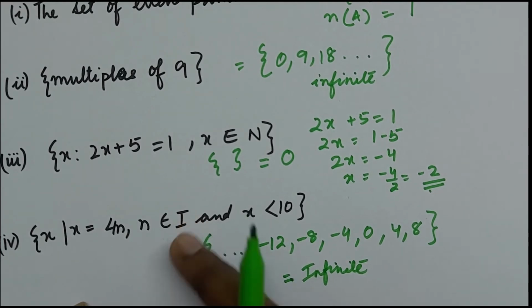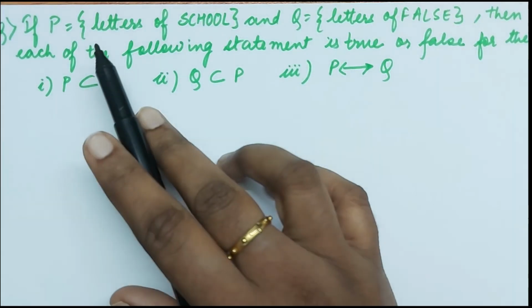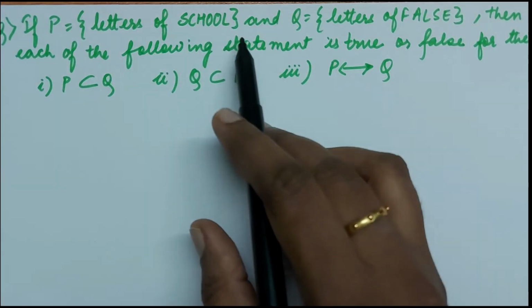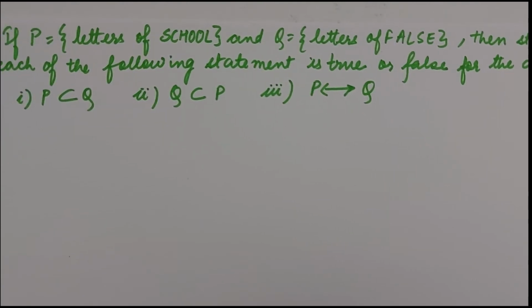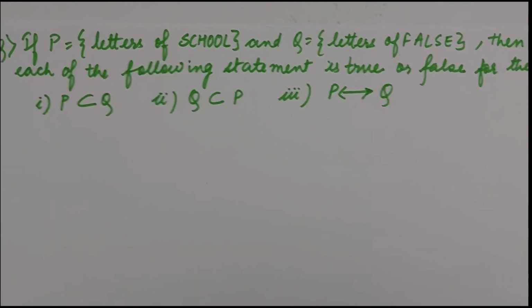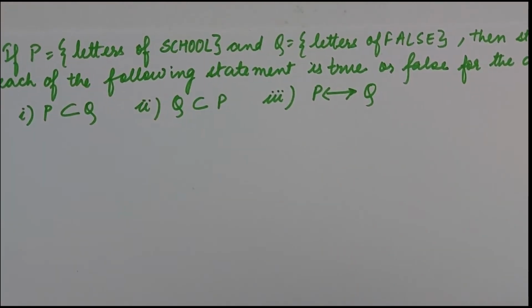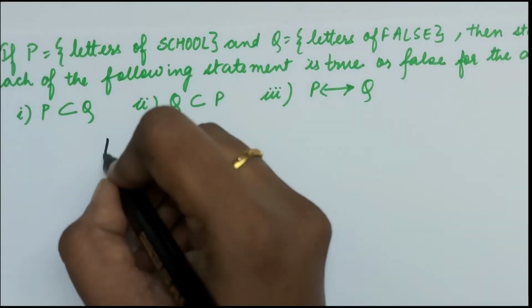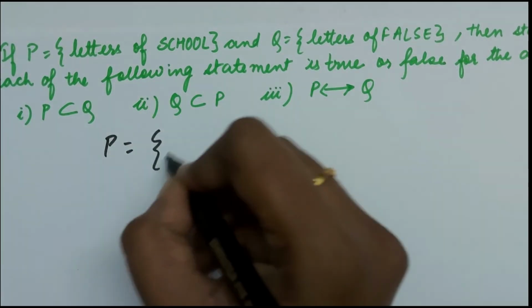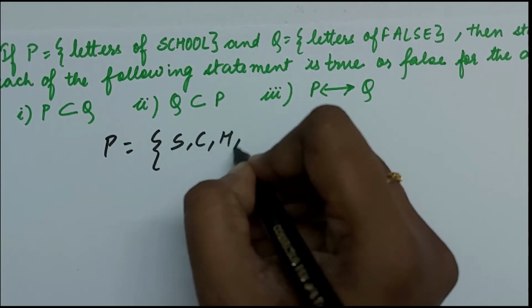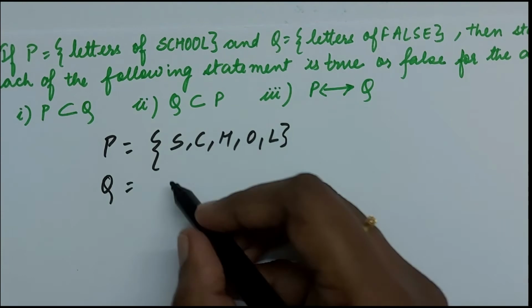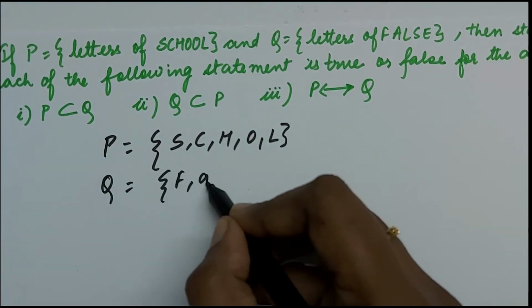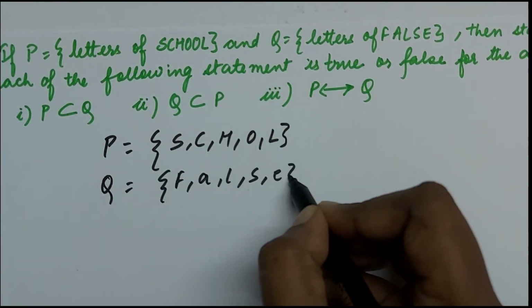In the next question, let P be the letters of SCHOOL and Q the letters of FALSE. State whether each of the following statements is true or false. Let us first write the roster form of set P. Letters of school: S, C, H, O and L. We will not repeat O. Then Q is letters of false: F, A, L, S, E, all unique.